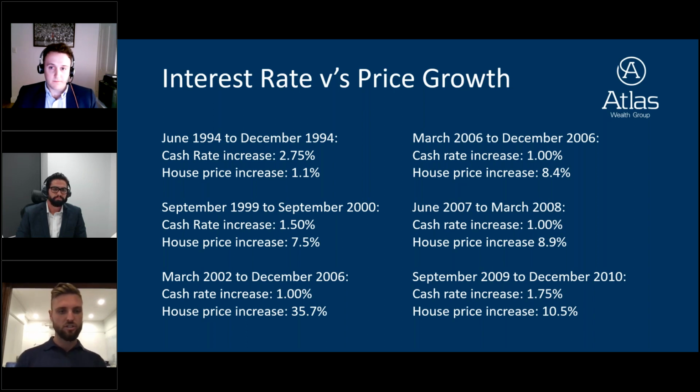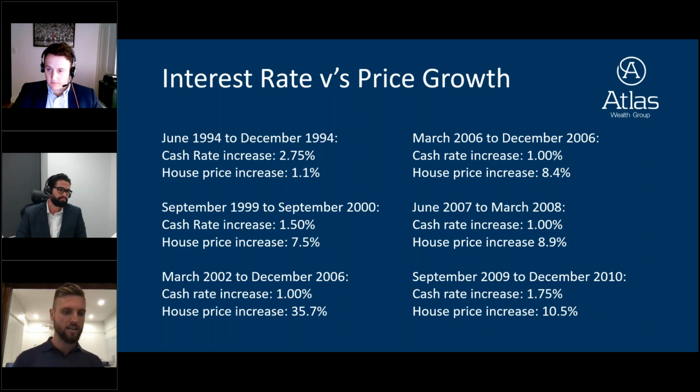So if we look at the slide that we have here, it goes through over the last 25-ish years all of the different times in Australia where we've had a cash rate that the RBA has been increasing, and the impact that's had on house prices.